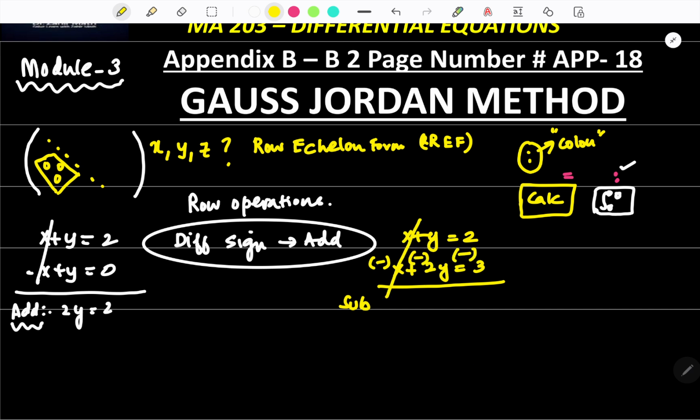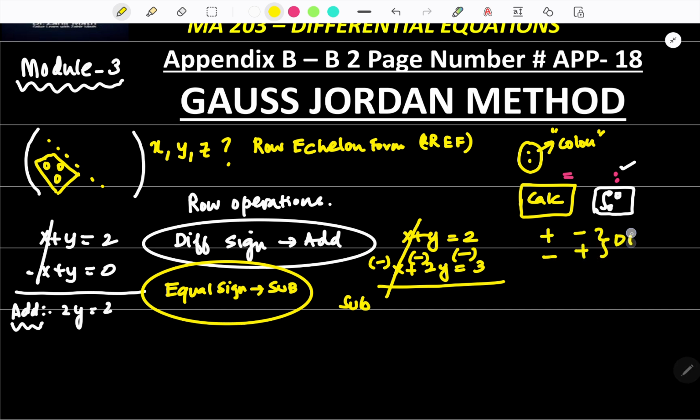So the rule comes as, if it is the same sign, you are going to subtract. What do you mean by same sign? Plus plus, minus minus. What do you mean by different sign? Plus minus, minus plus. Here plus, here minus, and here minus, here plus.